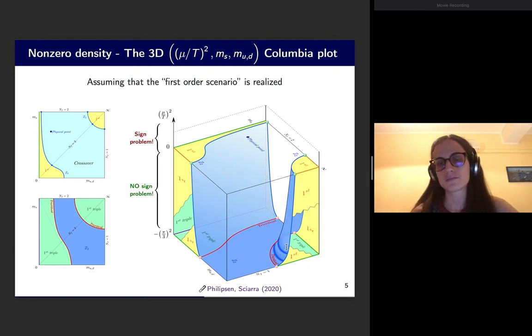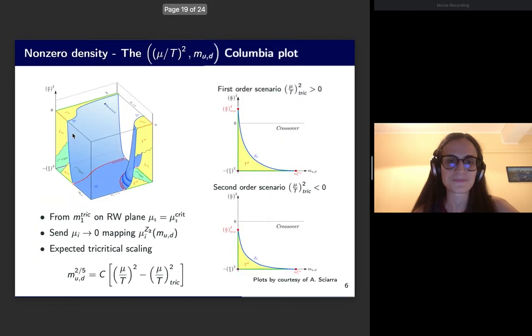And then you can simply draw surfaces that connect one plot to the other, okay? And this is what is done in this three-dimensional plot. And this is done assuming that the first order scenario is realized for the ordinary Columbia plot, which means that you have a first order region that extends all the way up. And even in the two flavor theory, you still have some finite width first order region.